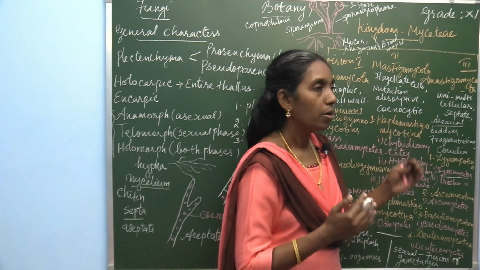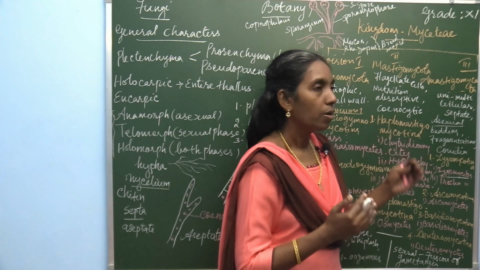The division Amastigomycota is divided into four subdivisions: Zygomycotina, Ascomycotina, Basidiomycotina and Deuteromycotina.